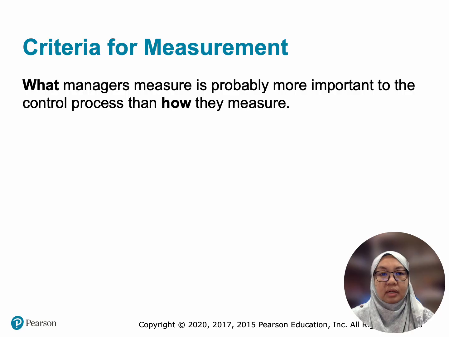What managers measure is probably more important to the control process than how they measure. Some control criteria are applicable to any management situation because all managers direct the activities of others. Criteria such as employee satisfaction, turnover and absenteeism rates can be measured. Keeping costs within budget is also a fairly common control measure.